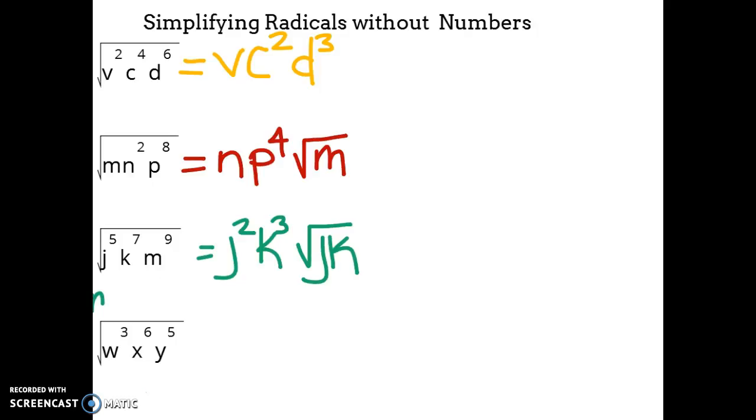What about m? One, two, three, 4. One m has to stay in.